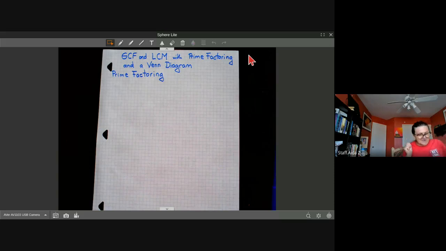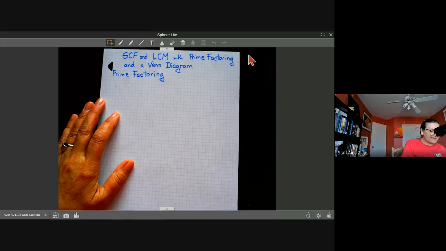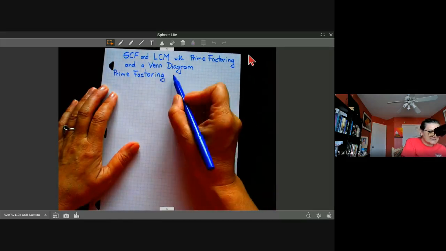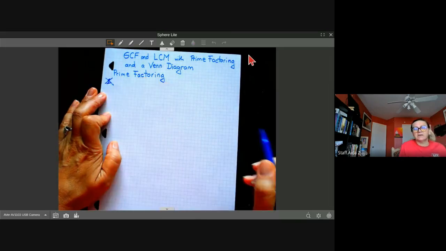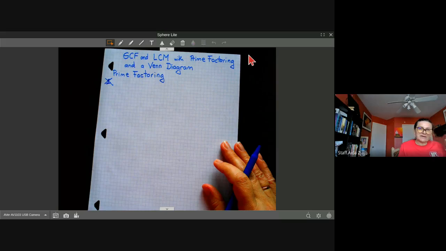So that's exactly it, 1 and itself. What that means is that 1 is not prime, and it's not composite either. Just remember that.